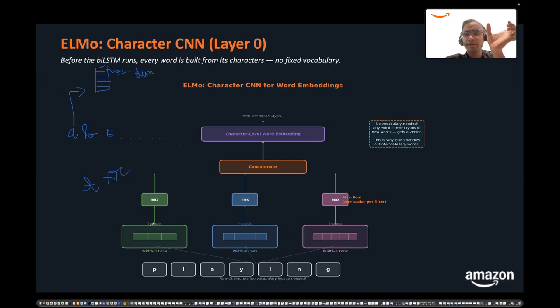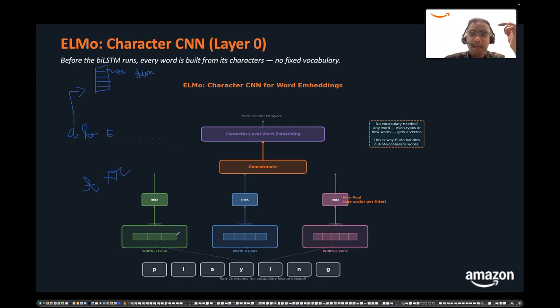We go on taking this with a three kernel convolution and then a max pooling is applied. Suppose we have different scales. On having different scales, we can have different n grams depending on the kernel size.